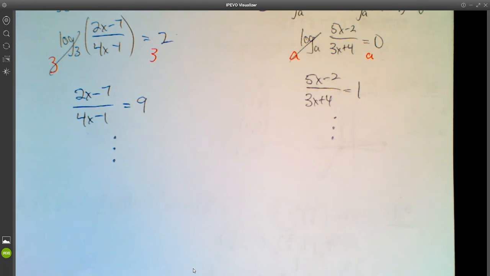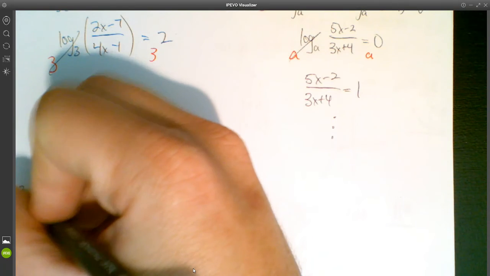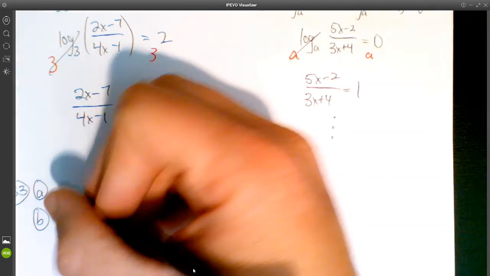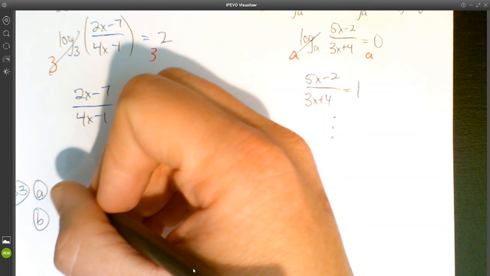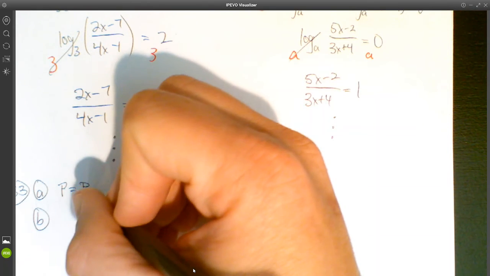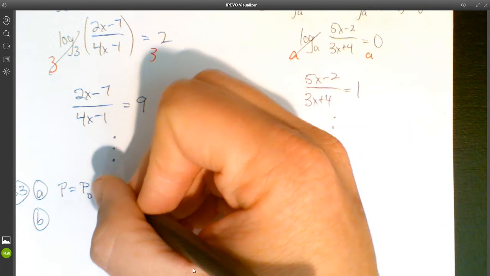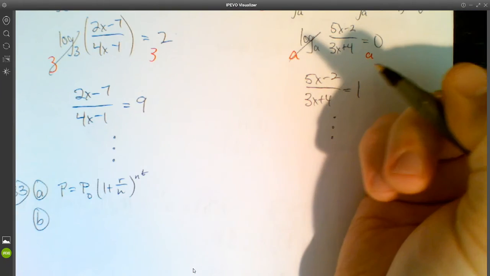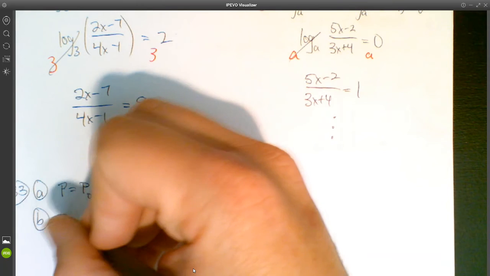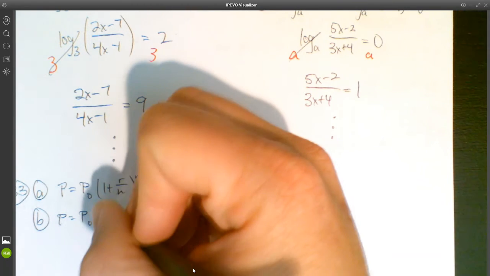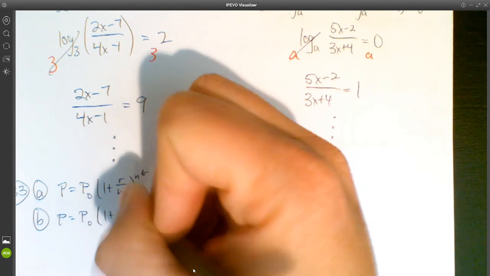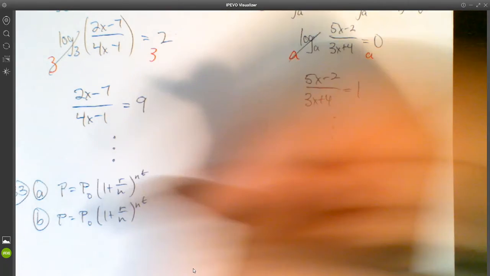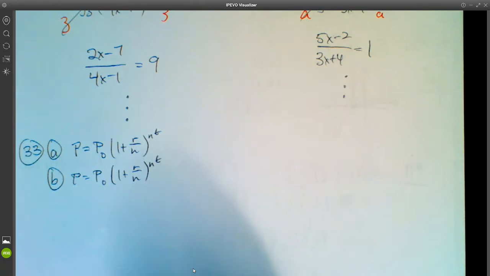So on 33, for part A and for part B, you're going to use P equals P naught times 1 plus r over n to the nt. That's the formula you're going to use. Same thing for part B. I can't remember if I used P or A in these locations, but it's the same formula either way.